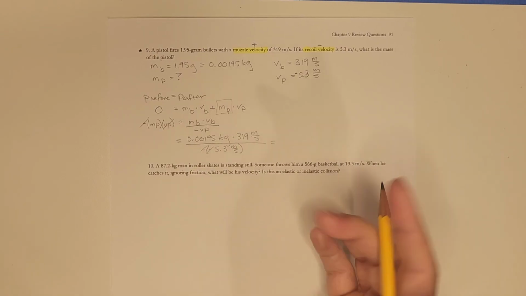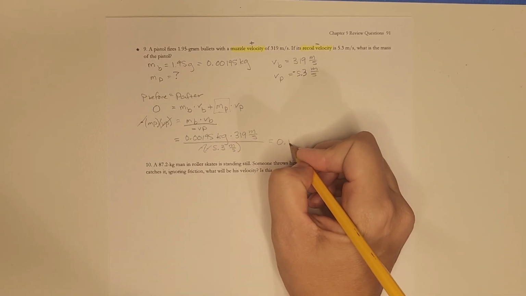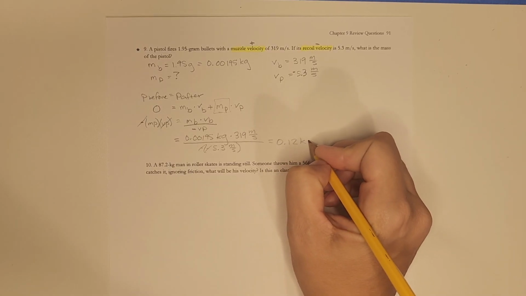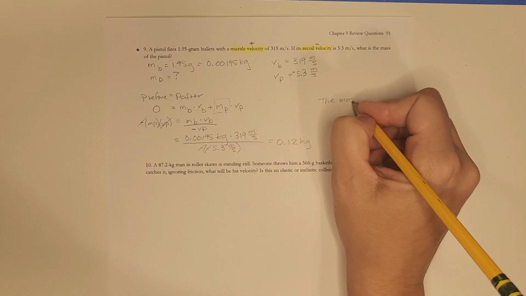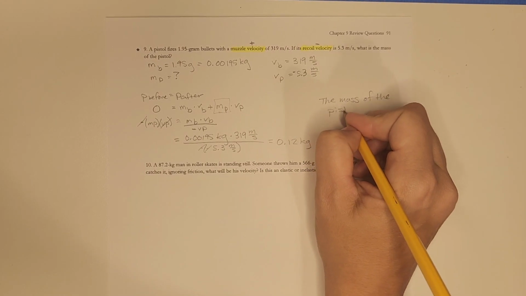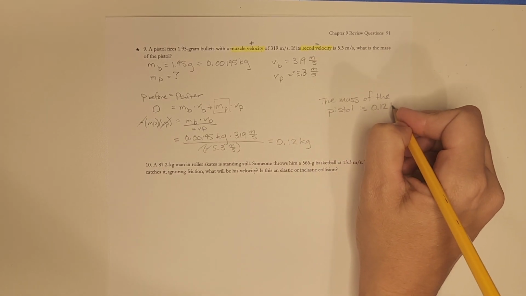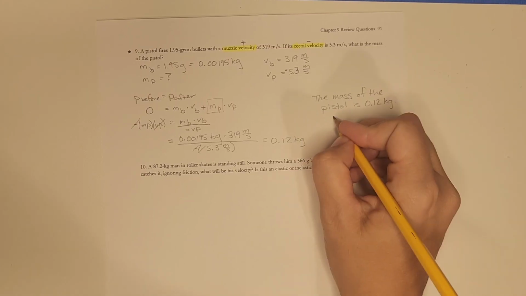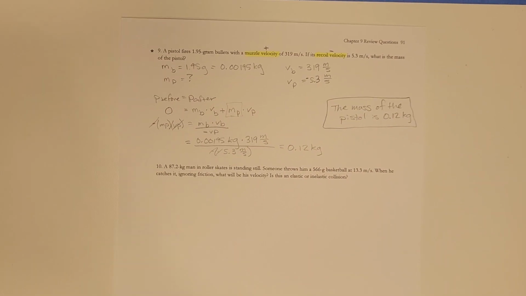And so when we multiply all that out, 0.12 kilograms. So our final answer is the mass of the pistol is 0.12 kilograms. It's a little pistol. Okay.